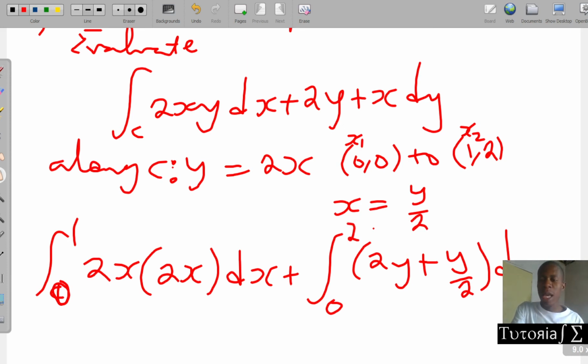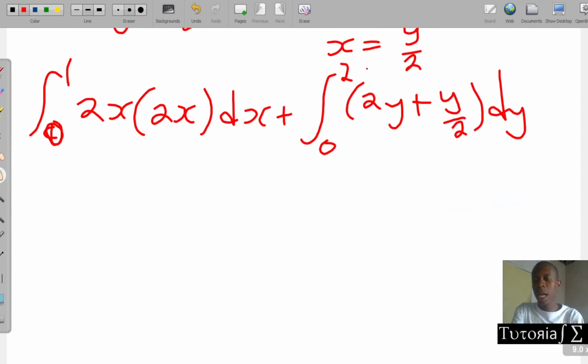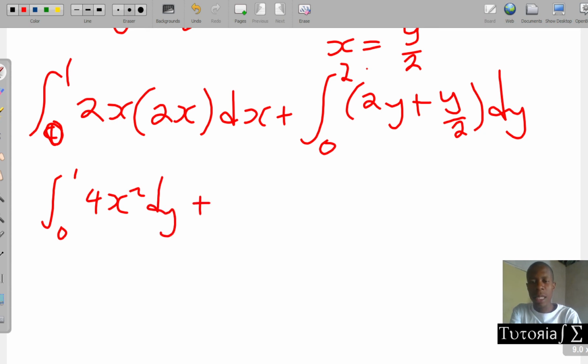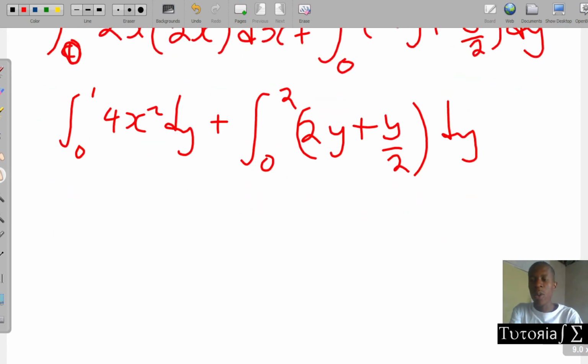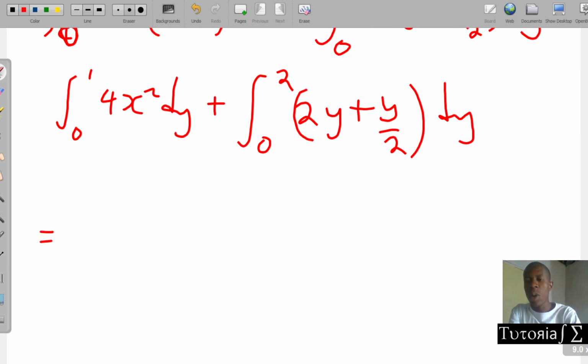So we integrate this side with respect to x, that side with respect to y. First of all, let's simplify. This is the integral from 0 to 1 of 4x squared dx, plus, integrating from 0 to 2, we're rewriting 2y plus y over 2 dy. Now we can integrate.